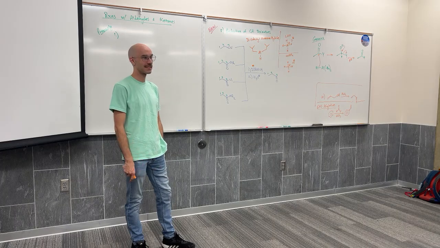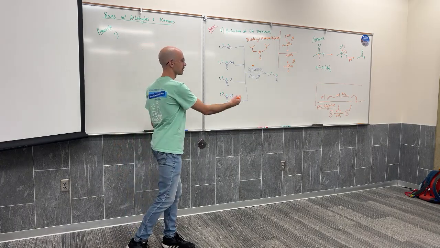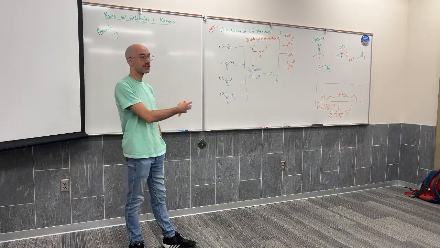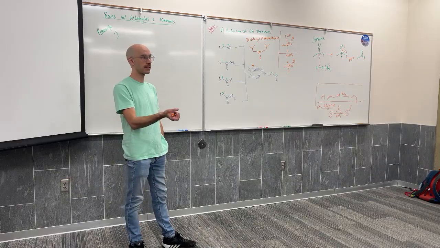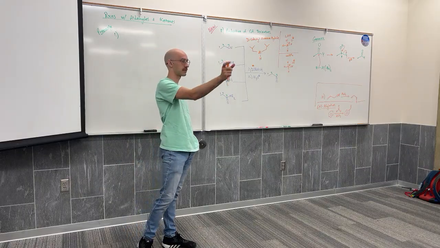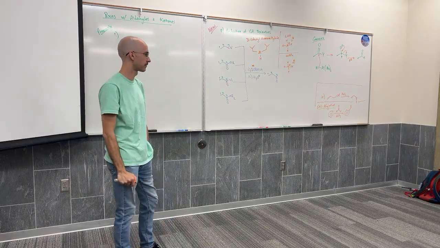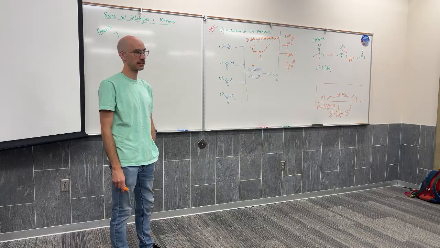That is a way to synthesize aldehydes, specifically benzaldehyde. We saw it most often in synthesizing ketones, specifically aryl ketones, ketones connected to an aromatic ring. So that's good. I'm glad you guys reviewed that.